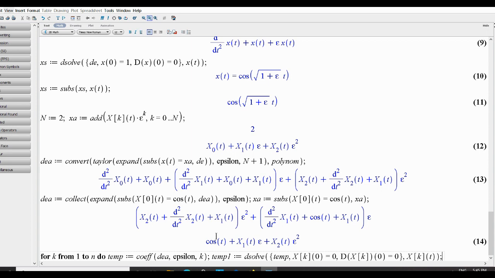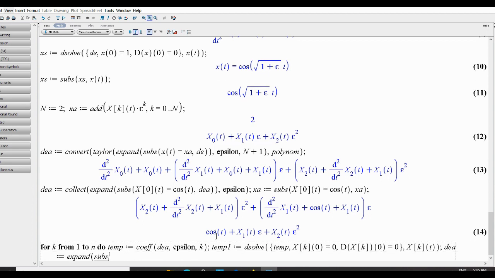Then I will say DEA is equal to expand, substitute temp1 in DEA, and I will say XA is equal to substitute temp1 in XA, and I will say end, and I will suppress display.